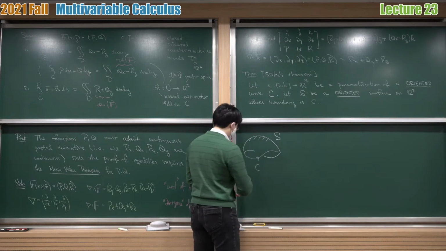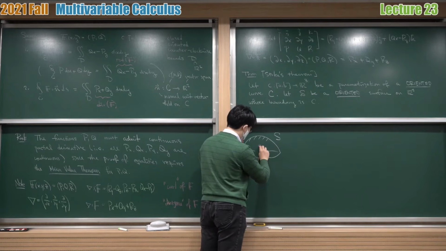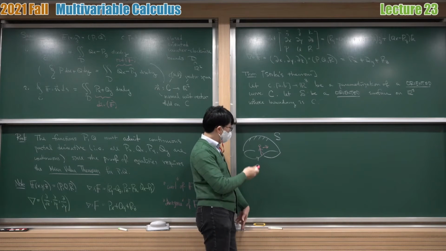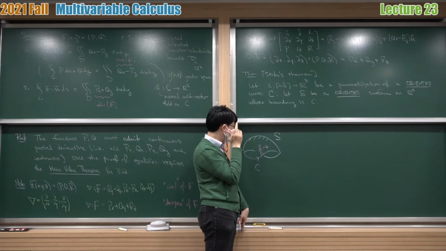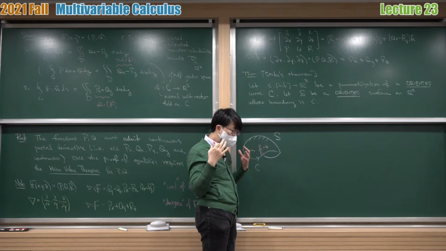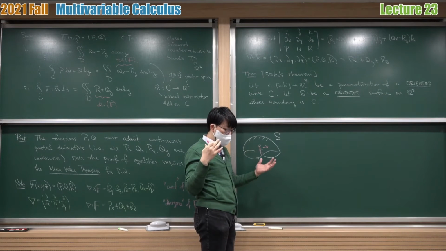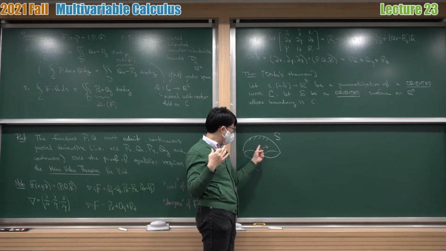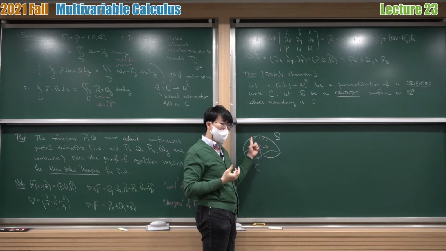So I'm going to draw a person moving along this curve C. Imagine that you're moving along this curve C. In order to have your left arm pointing inside of the surface S, your head must be pointing upward in this case, right?